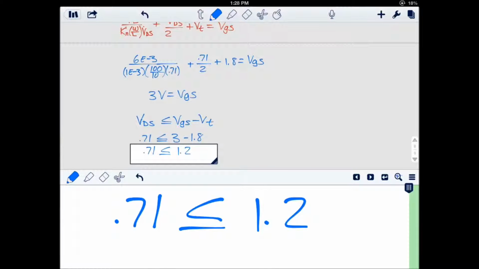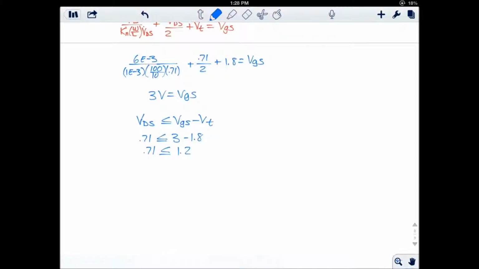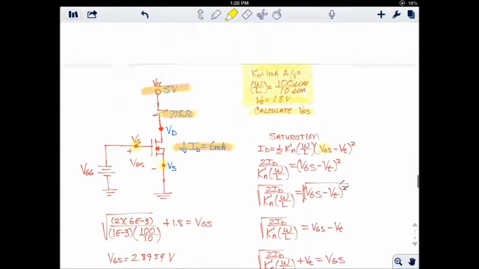Yes, that is true. So we have determined that this is the gate to source voltage here.